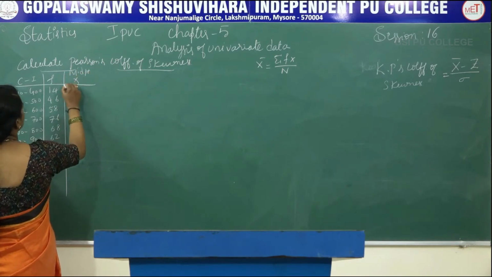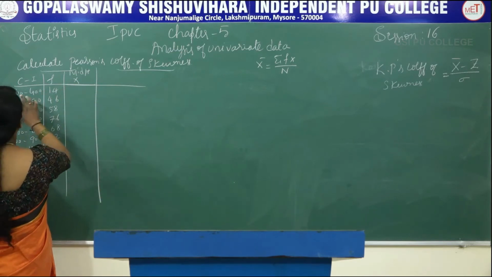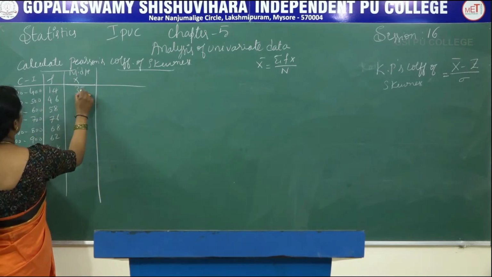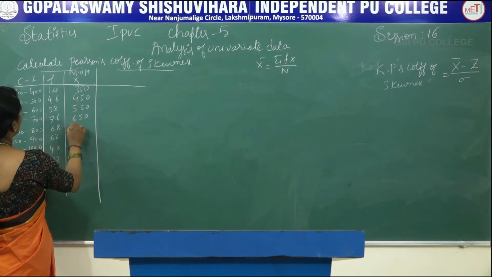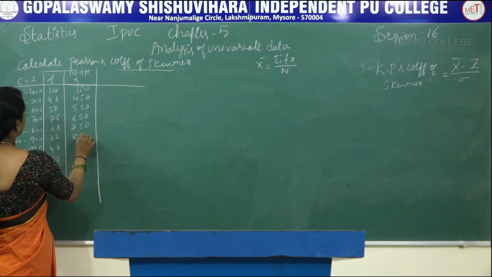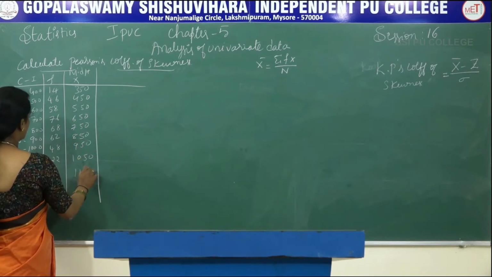Midpoint is our x. Here the midpoints are 350, 450, 550, 650, 750, 850, 950, 1050, 1150.